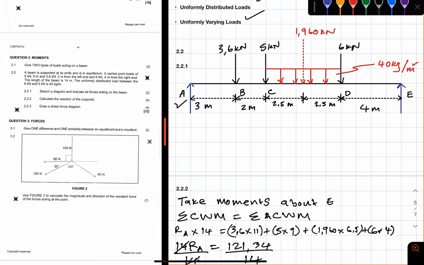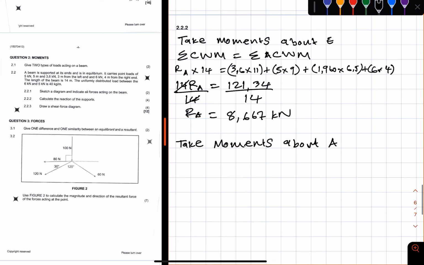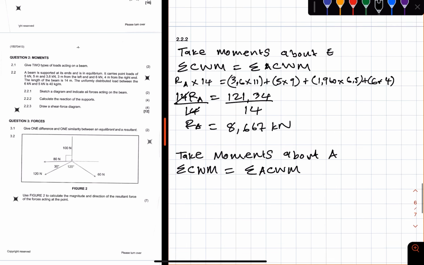So now we take moments about A, so you can calculate and get the magnitude of the reaction at support, I mean support A, support E, sorry. So sum of clockwise moments is equal to sum of anti-clockwise moments.